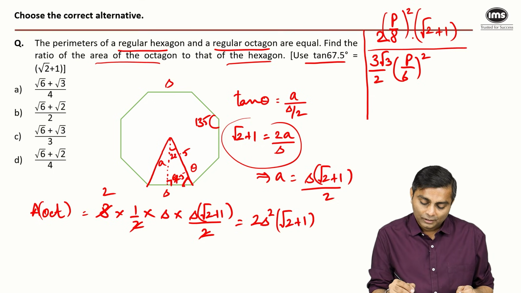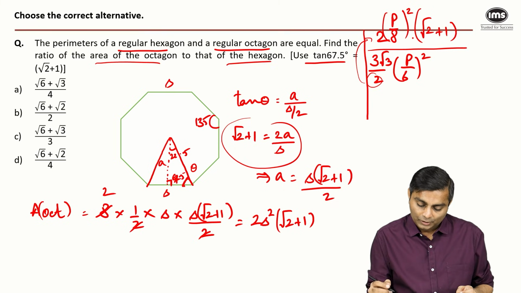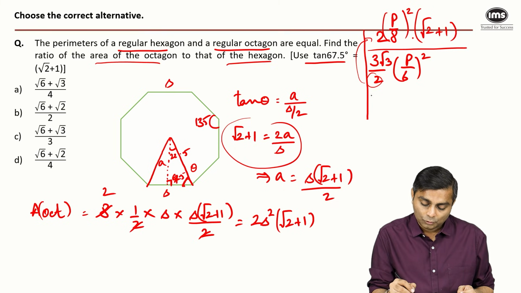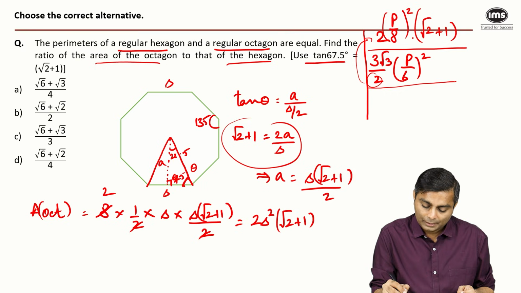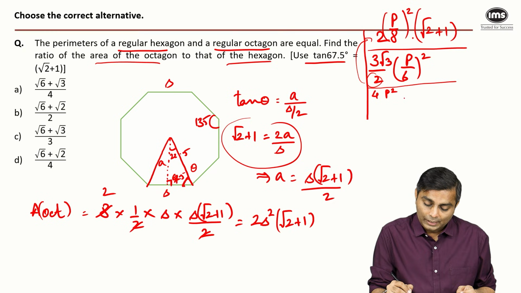Okay. Now what can we do? Let's first bring this 2 into the numerator. So basically, my next step is going to be 4 times P squared, and 64 I'm going to write in the denominator. 36 I'm writing above, into root 2 plus 1.